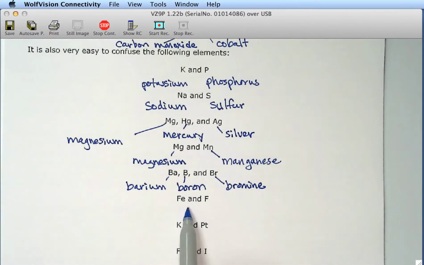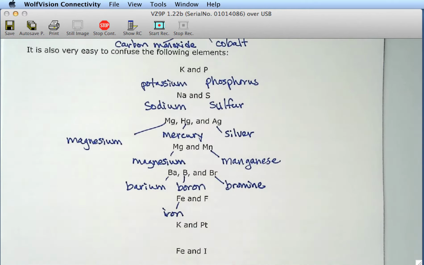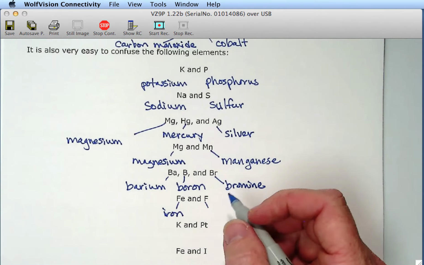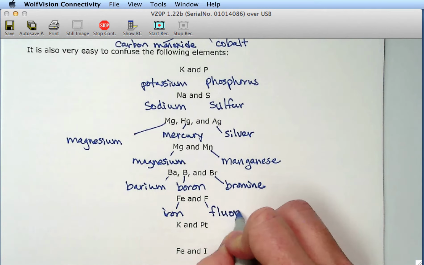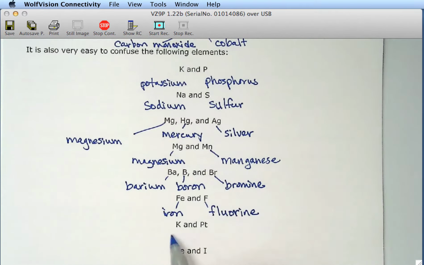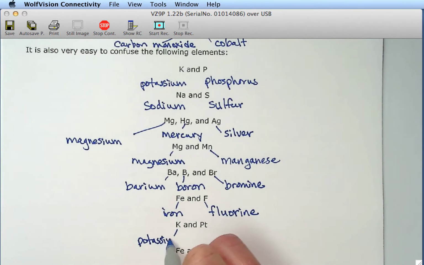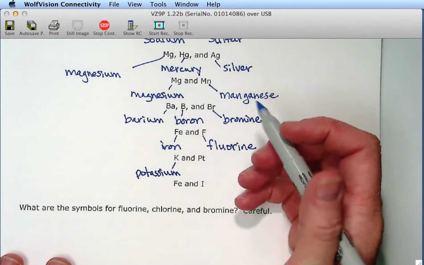Fe, iron. F, fluorine. How do you spell fluorine? F-L-U-O-R. Good. So we know K is potassium. Pt is platinum.